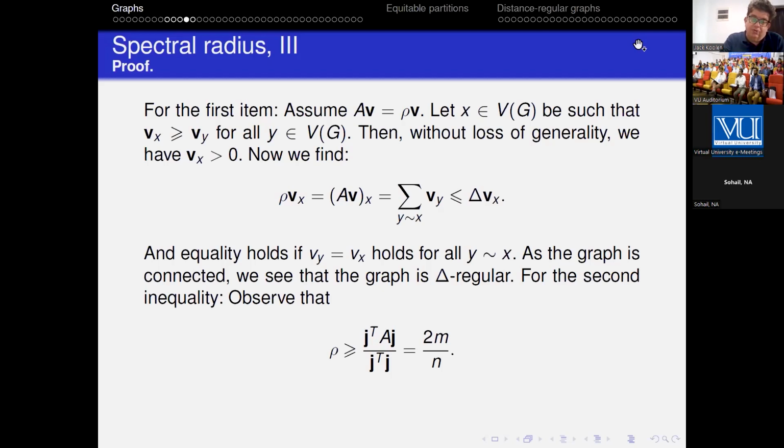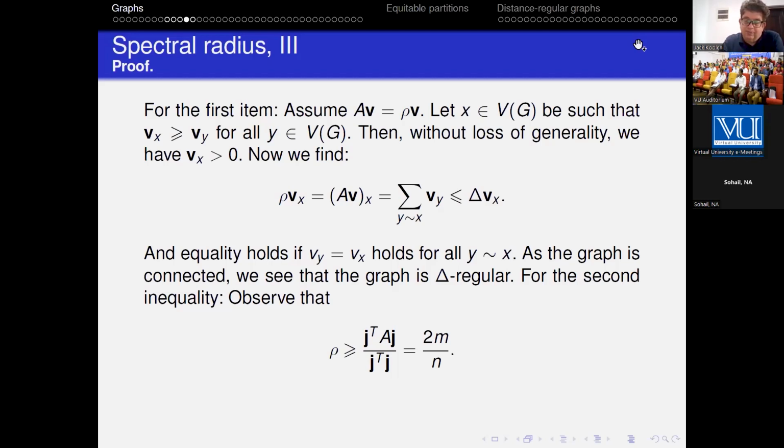Now we will look for the second inequality. So this is a Rayleigh inequality. If I look at the all-ones vector transpose A times the all-ones vector over the all-ones vector inner product with itself, that's exactly 2 times the number of ones in A, which is 2 times the number of edges. And the second one is clearly n, so that is 2m over n.